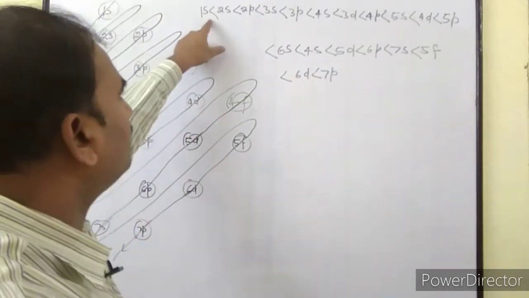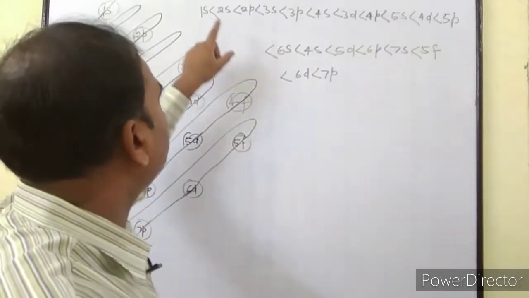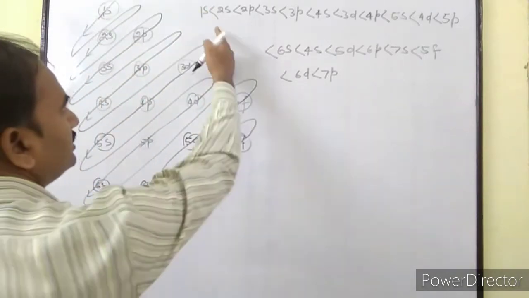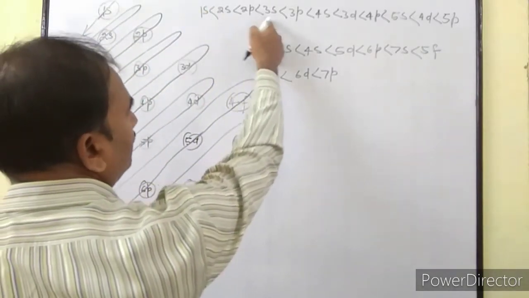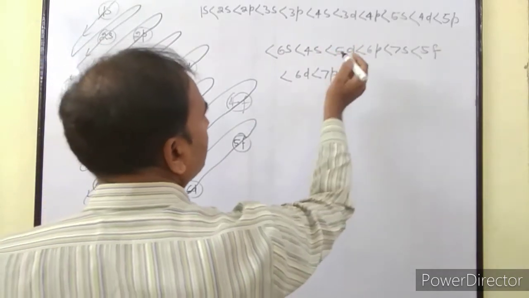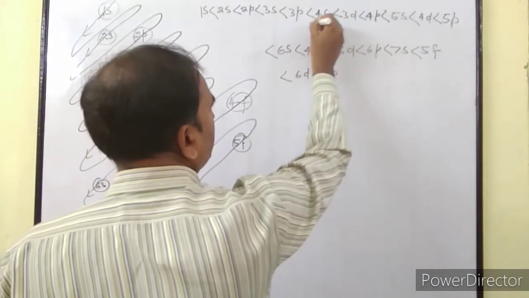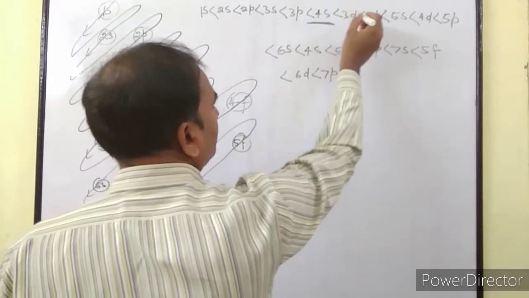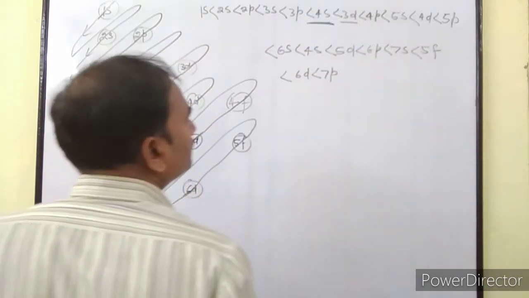This is the order of filling of electrons in atomic orbitals, and this is the increasing order of orbitals according to n plus L rule. Here 4s is before the 3d.